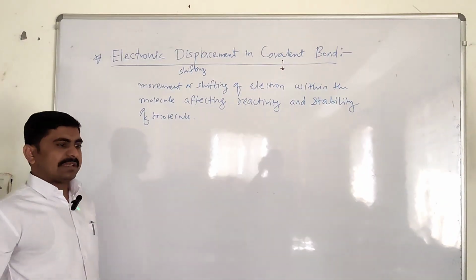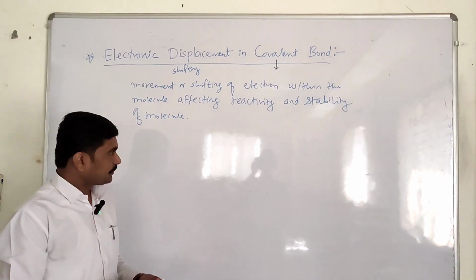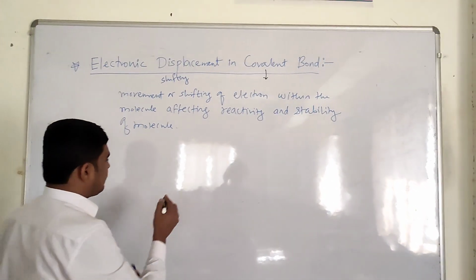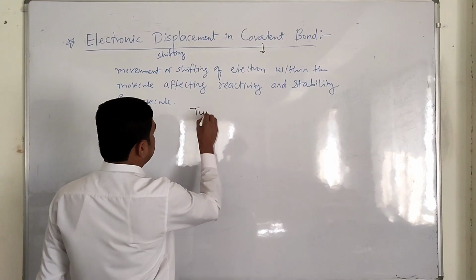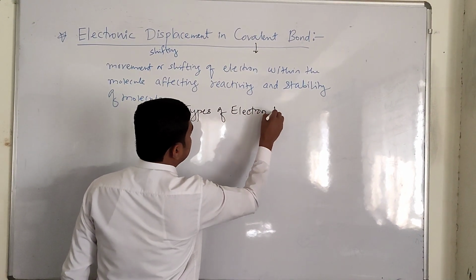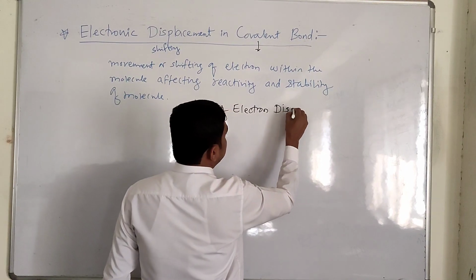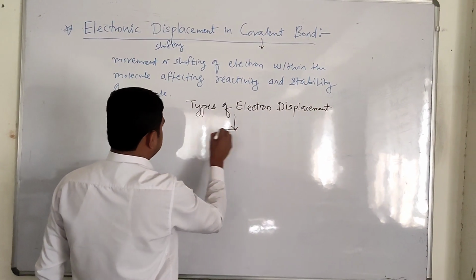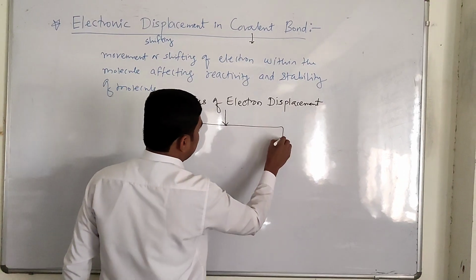Now the types of electron shifting. There are different types of electron displacement in covalent bond. Generally they are classified into two types.